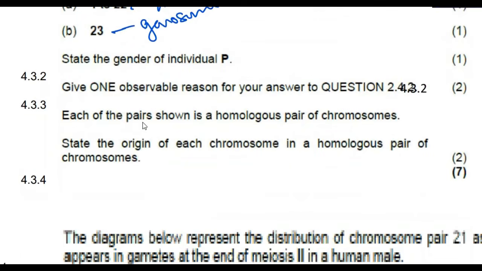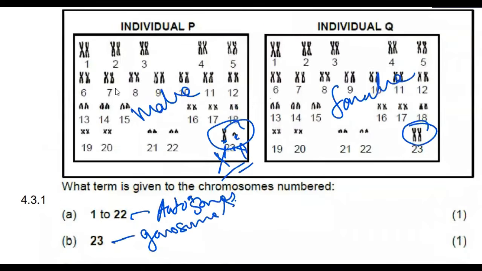Each of the pairs shown is a homologous pair of chromosomes. State the origin of each chromosome in the homologous pair. Where are they coming from? One is coming from the father, and one is coming from the mother.